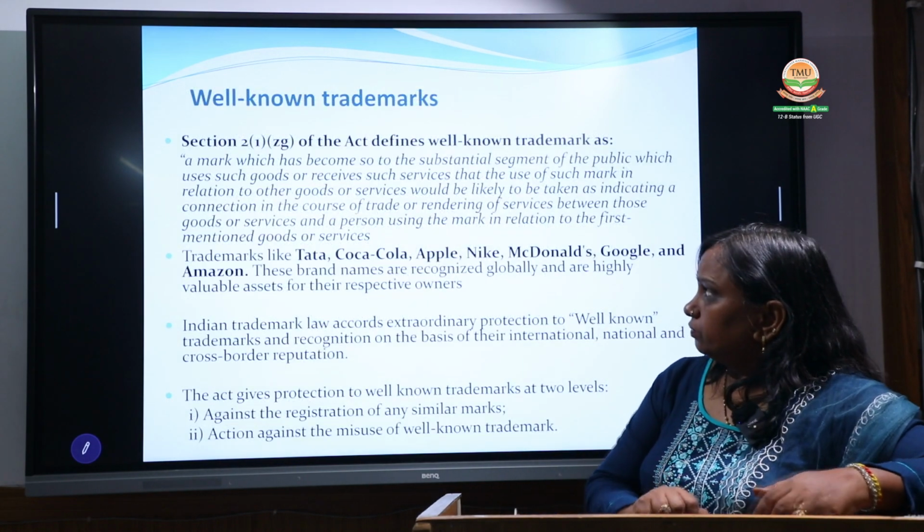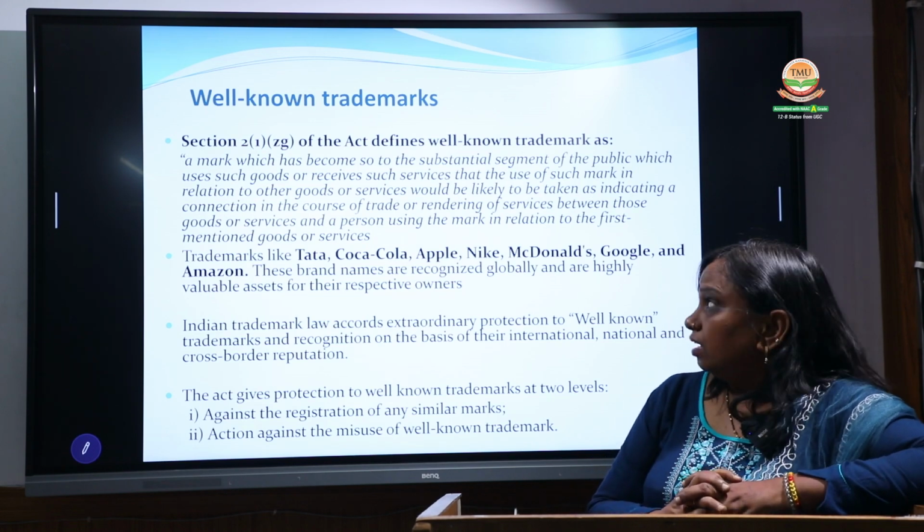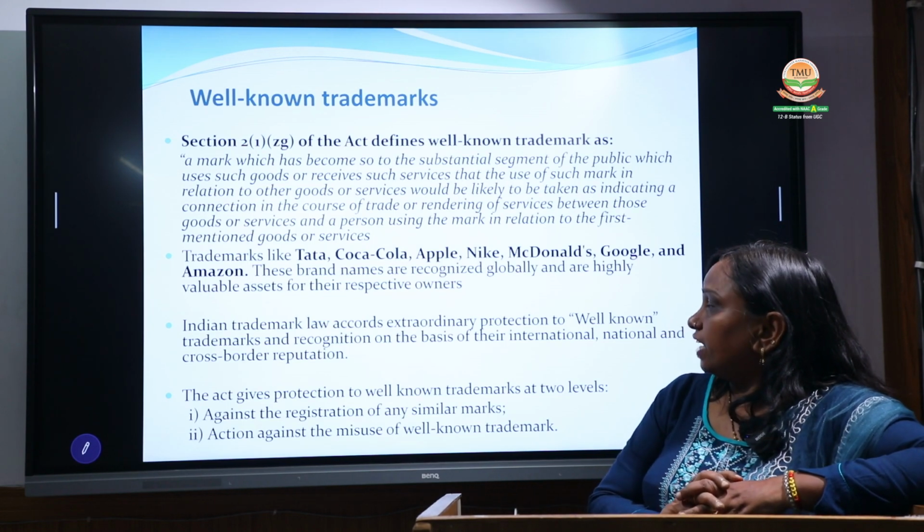So now we will see a well-known trademark. Section 2(1)(zg) of the Act defines well-known trademark.